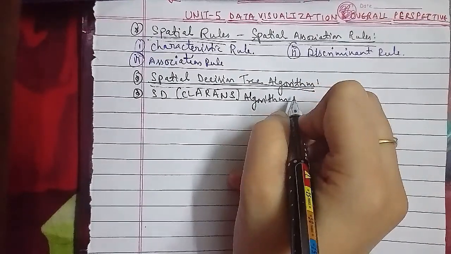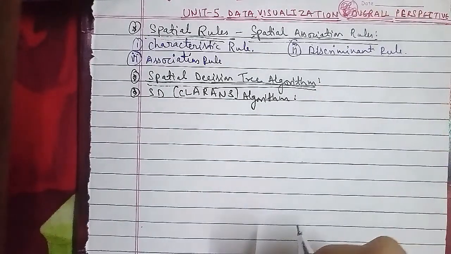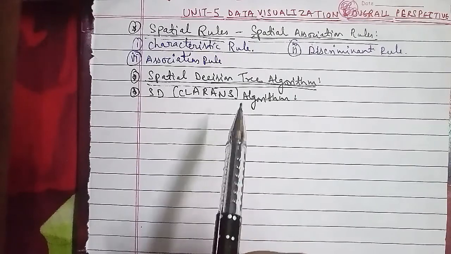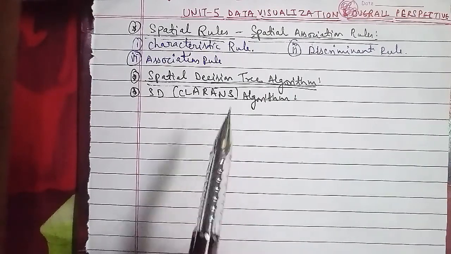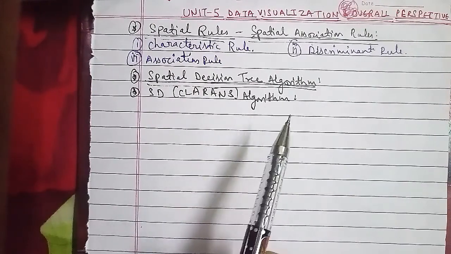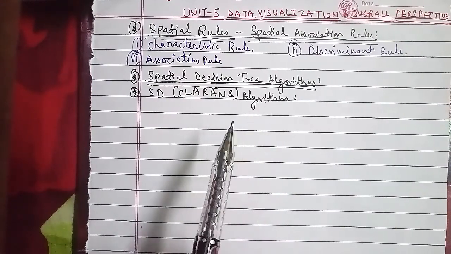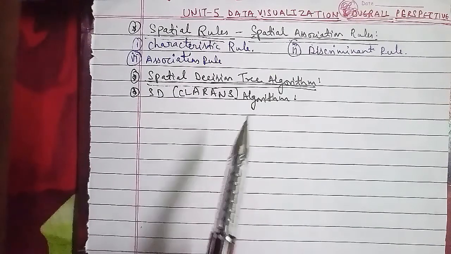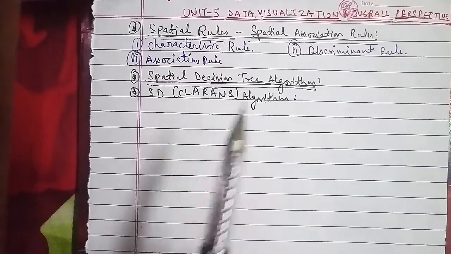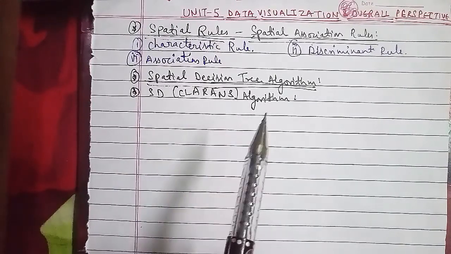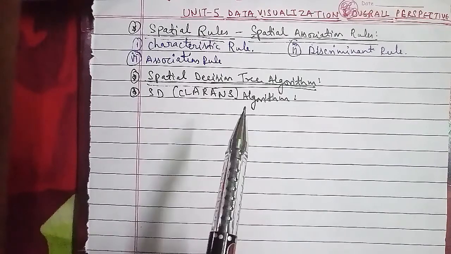Here, the spatial dominant approach, SD CLARANS, assumes that the items to be clustered contain both spatial and non-spatial components. It first clusters the spatial component using CLARANS, and then examines the non-spatial attributes within each cluster to derive a description of the cluster.